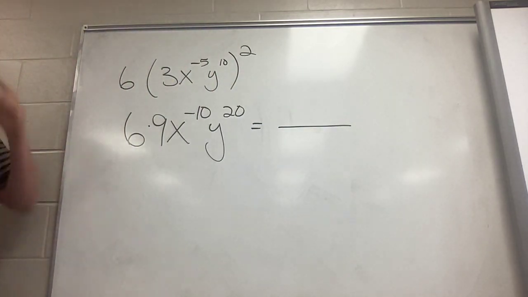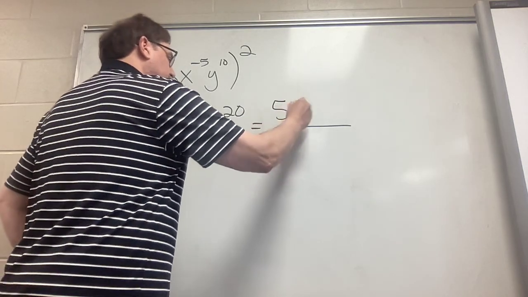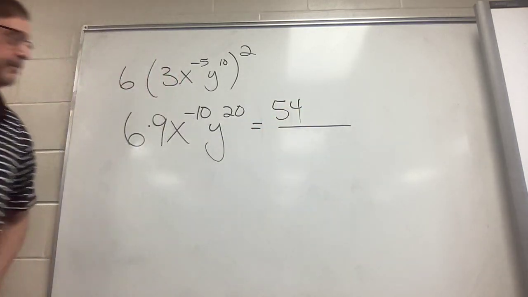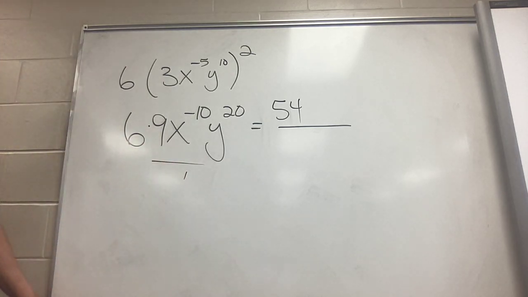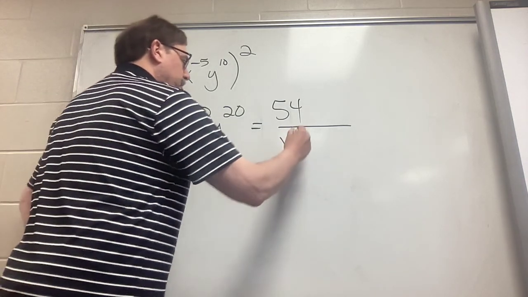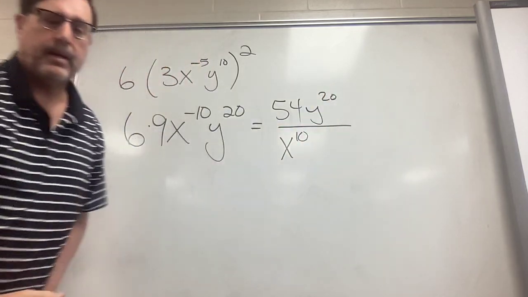This is regular 6 times regular 9. It's regular 54. It's on top. It's 54 over 1. These all are over a not shown positive 1. X to the negative 10 goes to the bottom. Y to the 20 stays on top.